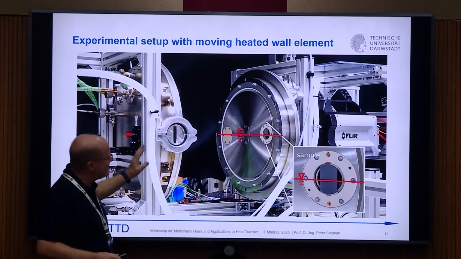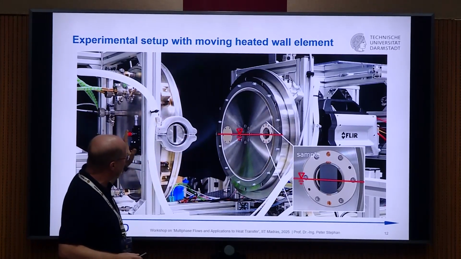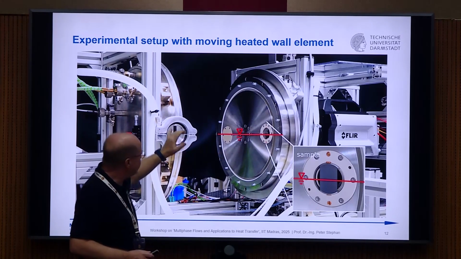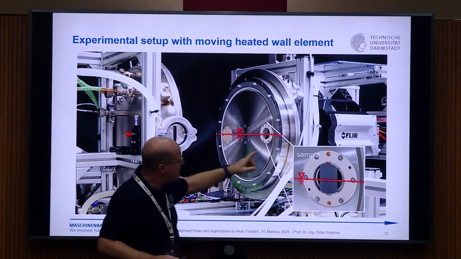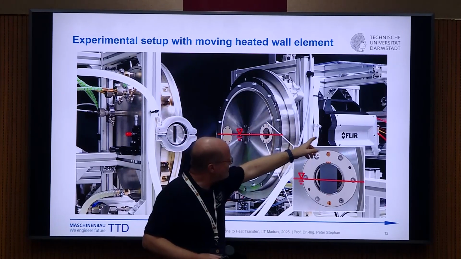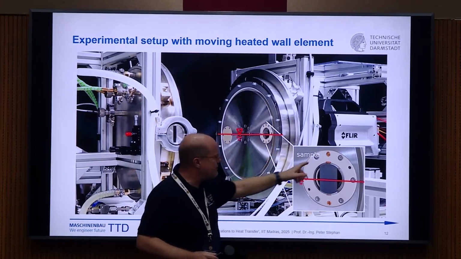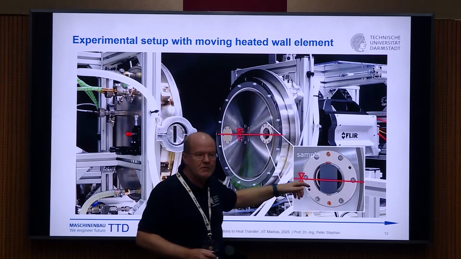This is an open design here. We close the chamber, and then we can look through it at the liquid level. And from the back side, with the infrared camera, we can observe the temperature profile on this heated probe.